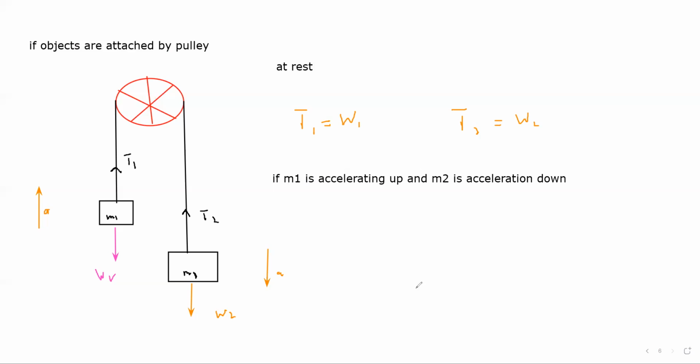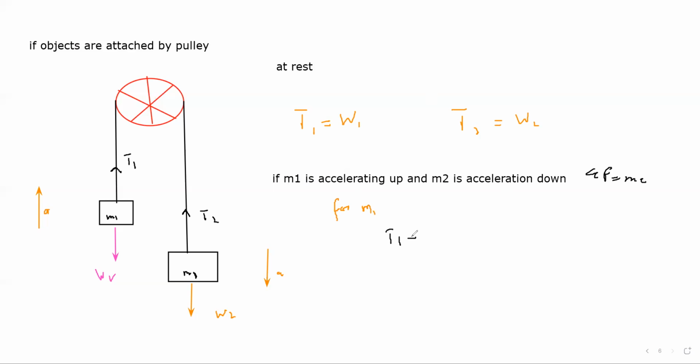when I write the equation for the first one, for M1, T1 is acting up, so I can say T1 minus, because whenever there is an acceleration, the resultant force is equal to ma.